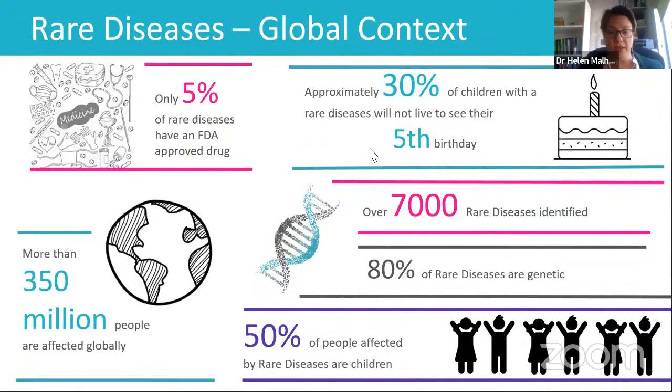We're somewhere between 7 and 8,000 rare diseases that have been identified and characterized, and we know that the majority of them are genetic in cause. That's significant because most rare diseases are therefore considered congenital disorders, in terms of the terminology that's used.